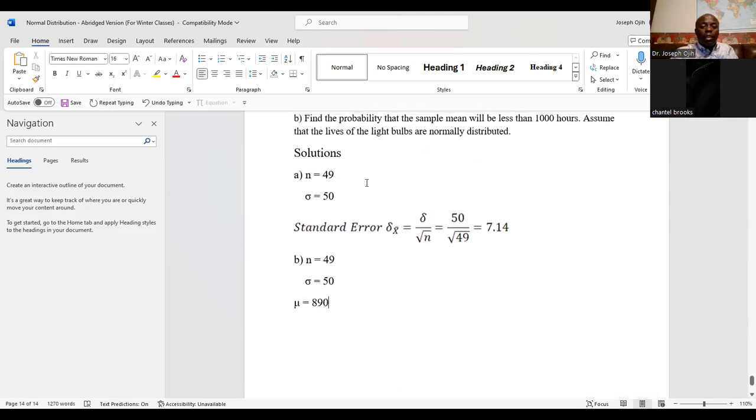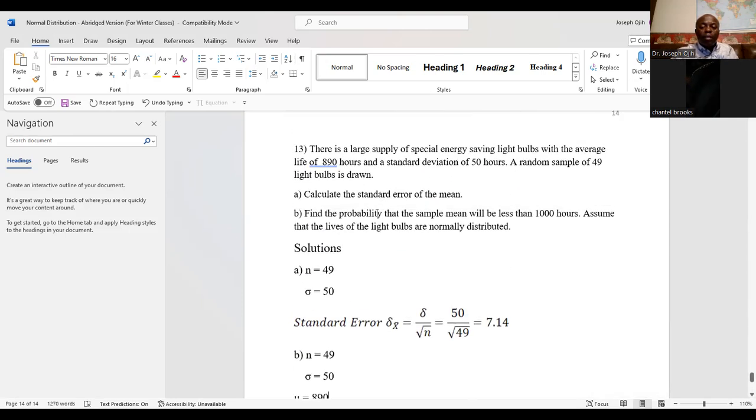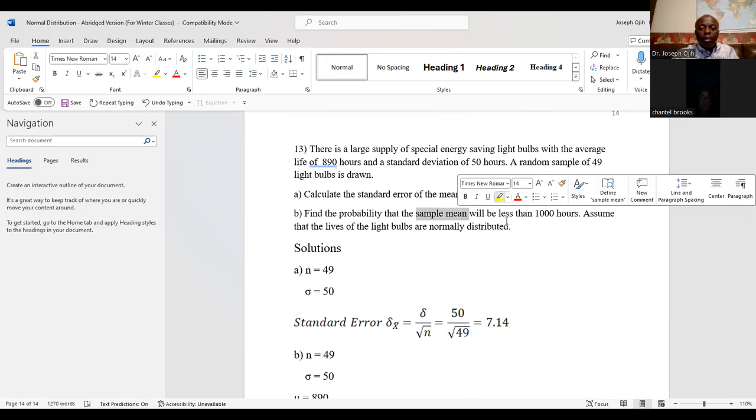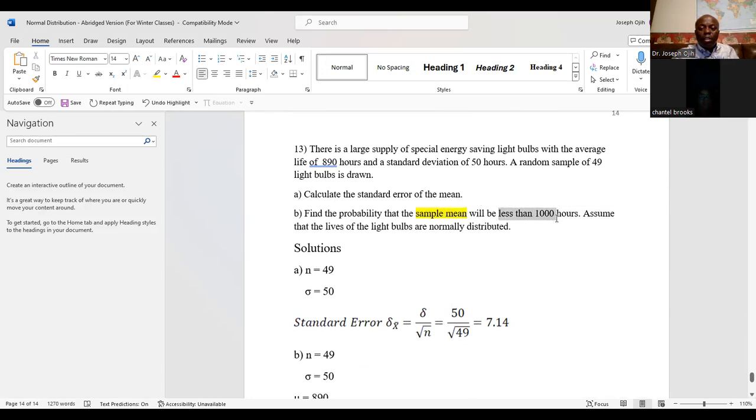And then the sample. It says assume that a random sample of 49 light bulbs is drawn. Find the probability that the sample mean will be less than 1,000 hours.